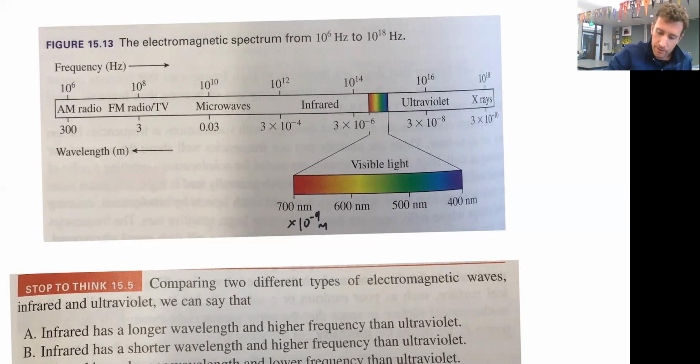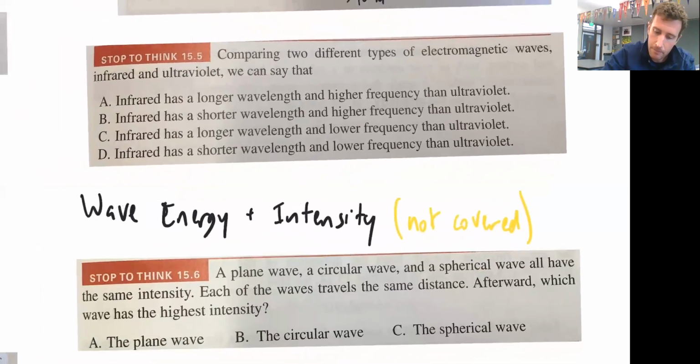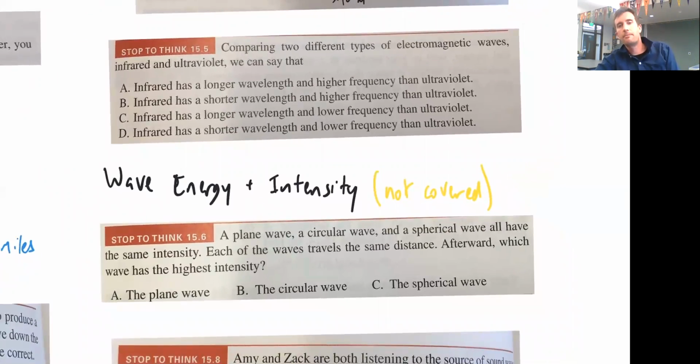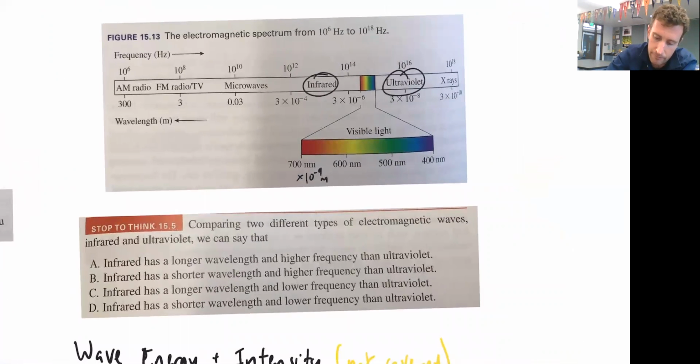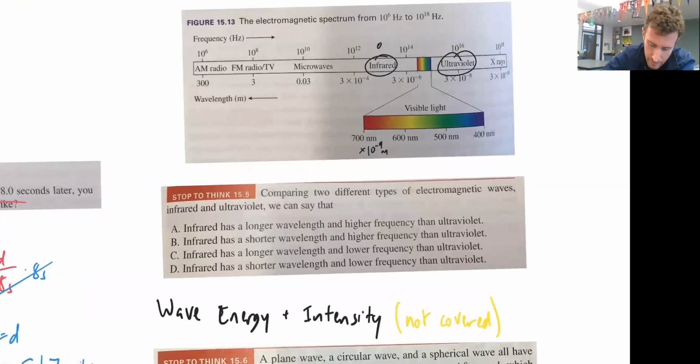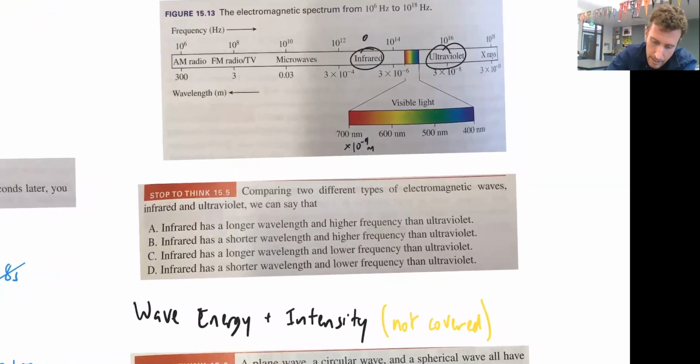Okay, almost there. So comparing two different types of electromagnetic waves, infrared and ultraviolet, wavelength and frequency, we'll just check the chart. Infrared has a smaller frequency, and infrared has a bigger wavelength.